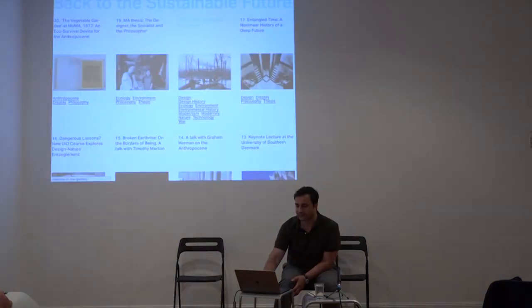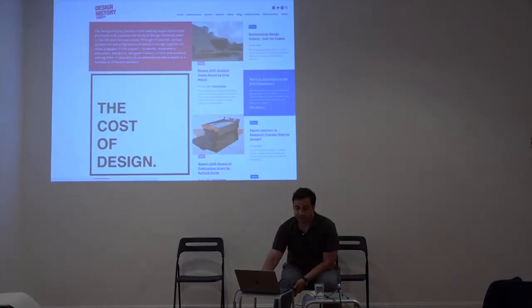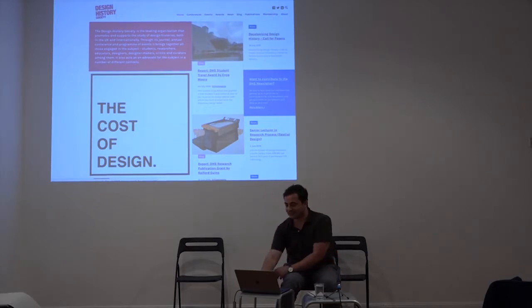Before joining, I was a researcher at the University of Oslo on a project on the history of the impact of environmentalist thinking on design practice. And then finally, among other things, I'm a trustee of the Design History Society, a website that I invite you to visit because we also have awards and grants that you can apply for.